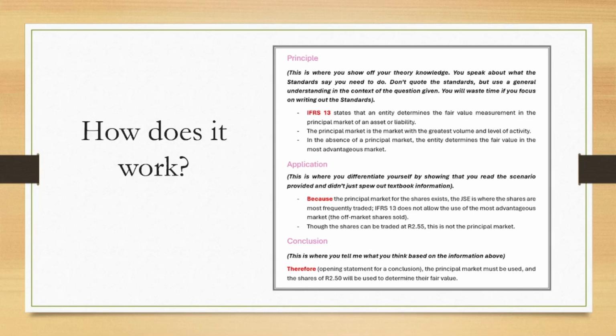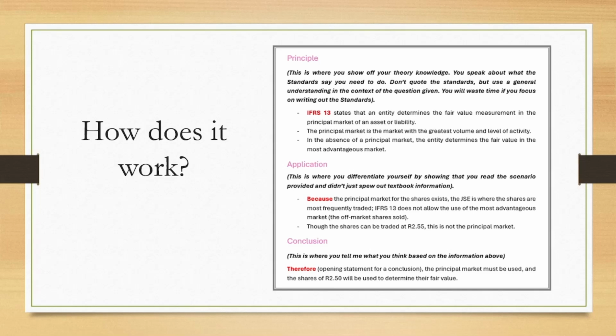So I'm going to break it down in terms of principle, application, and conclusion, as I did say. The principle, and I have noted here, this is where you show off your theory knowledge. You speak about what the standards say you need to do. Don't quote the standard, because I've seen a lot of students give 5 lines based on the standard, and the principle is normally 1 or 2 marks.